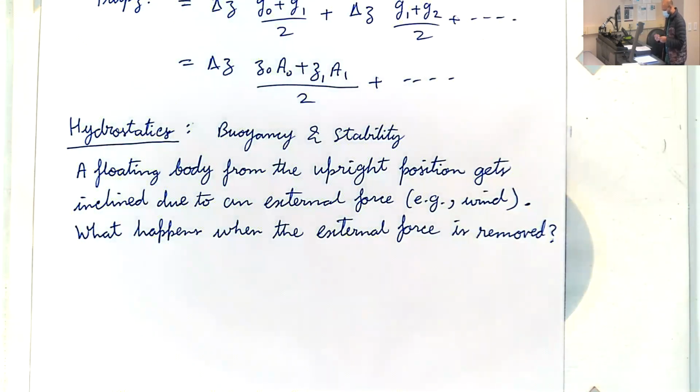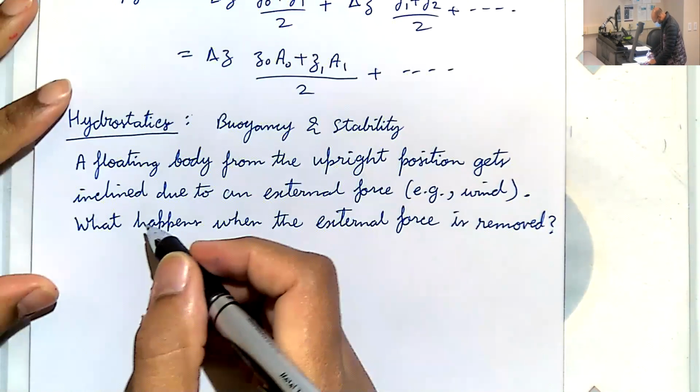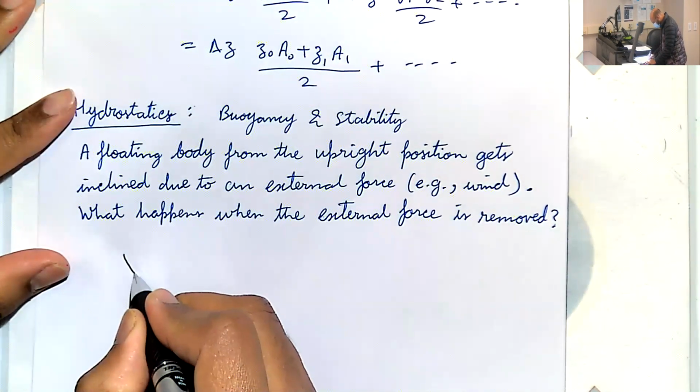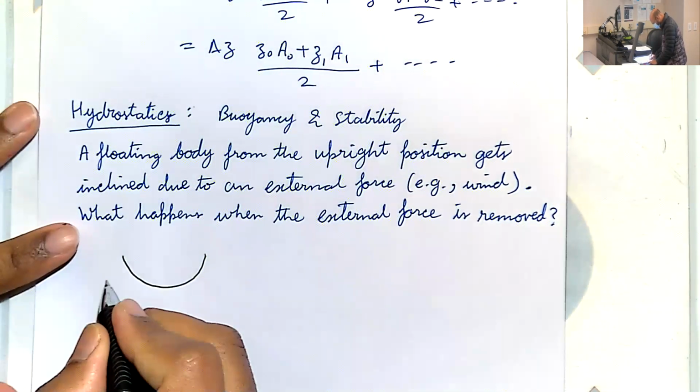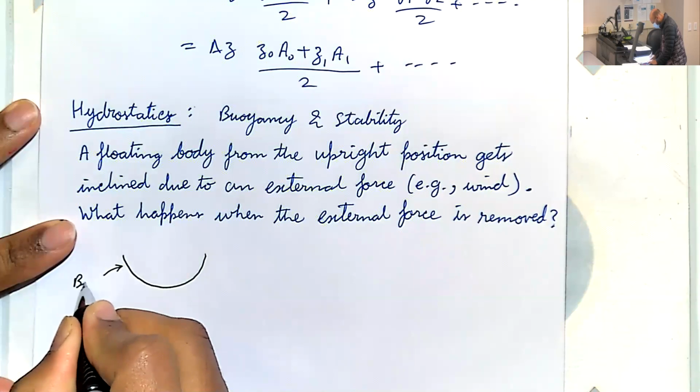So there are many possibilities that can occur, and we think in terms of equilibrium, whether it's stable equilibrium, unstable equilibrium, or neutral equilibrium. So one case is where we have, let's say this is a bowl. It's a bowl, not a hull.